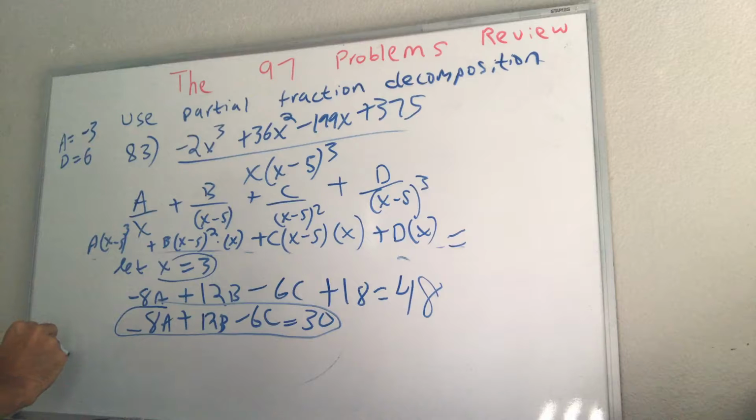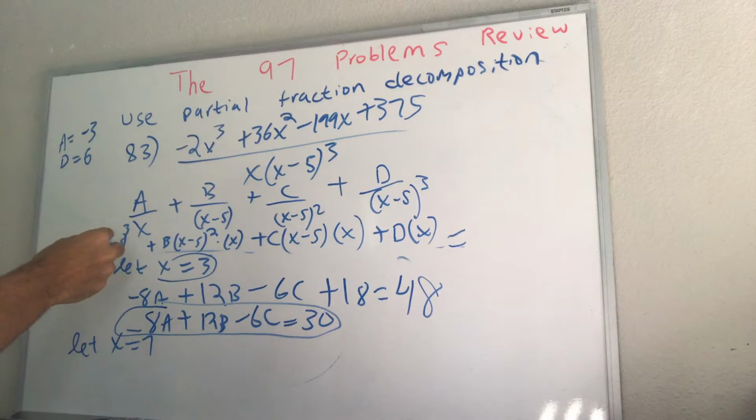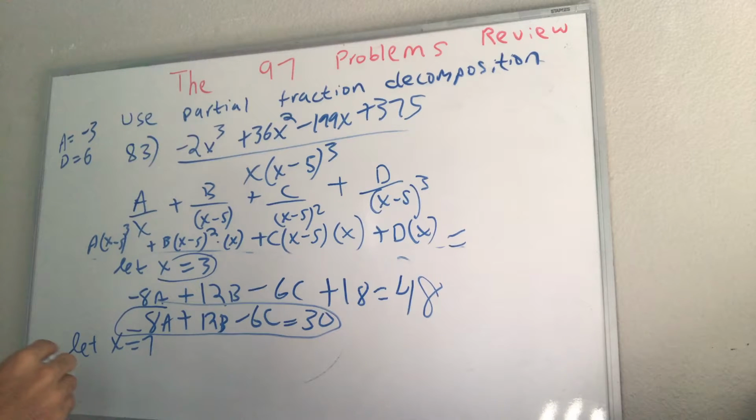Because if I say that let x is equal to 7, right here I said let x is equal to 3, and I got negative 8a. So if I say that let x is equal to positive 7, then I will get 8a here. So they're anyways going to eliminate themselves, right? They're not going to be there. So we don't really have to care about this value of a here, although we know that it's negative 3.